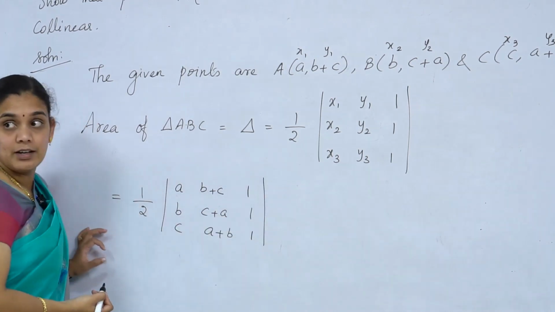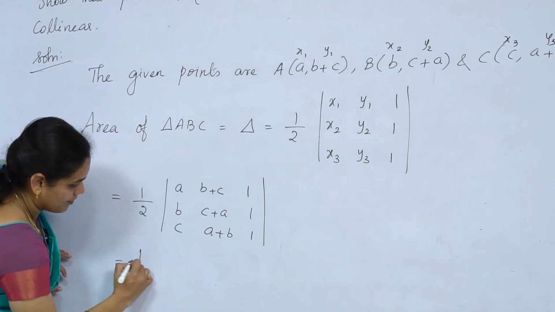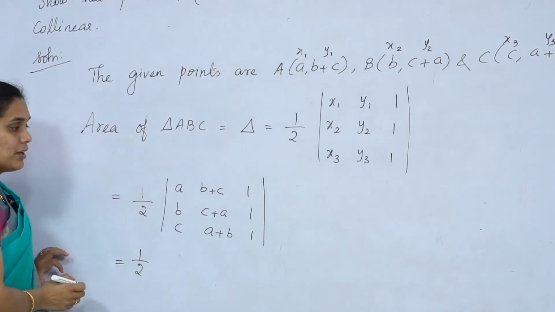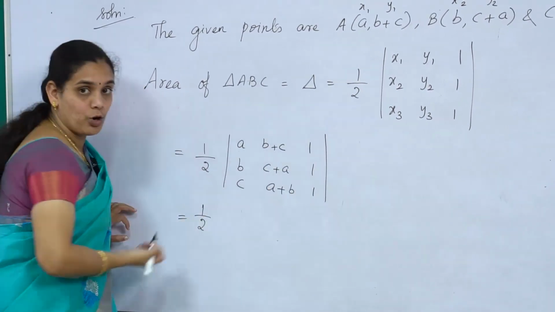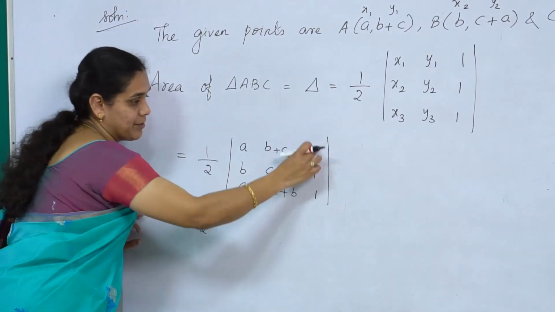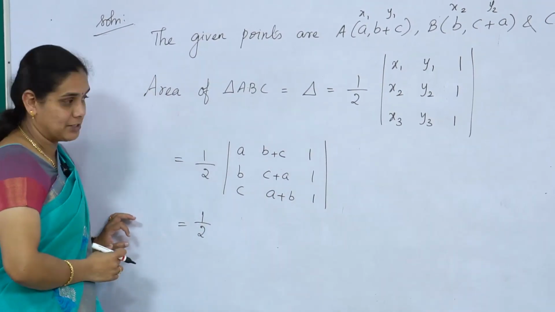Let's see. Half into, we will expand along the first row or the third column. Third column will be easier because all are 1, so we can easily multiply.